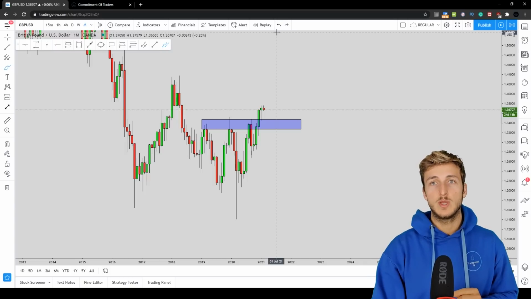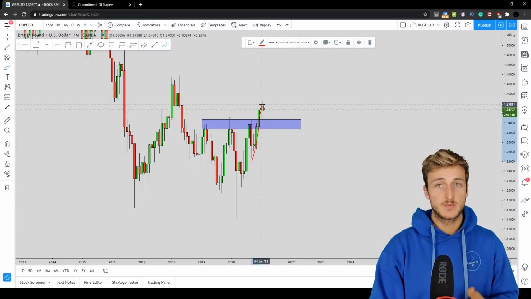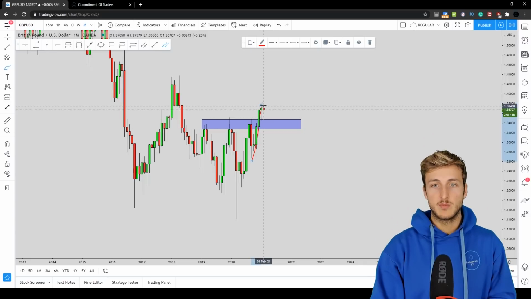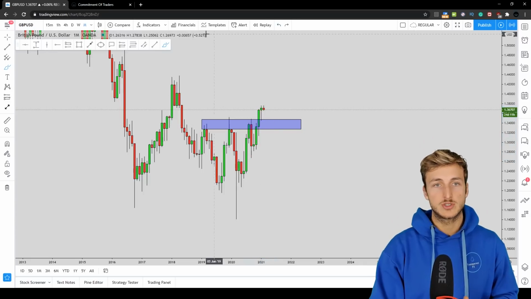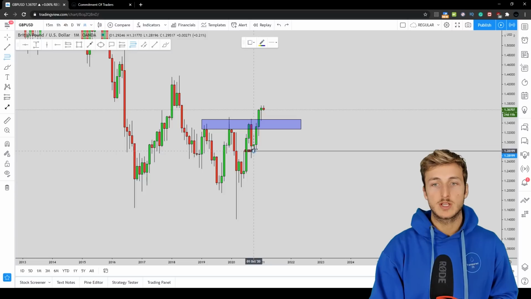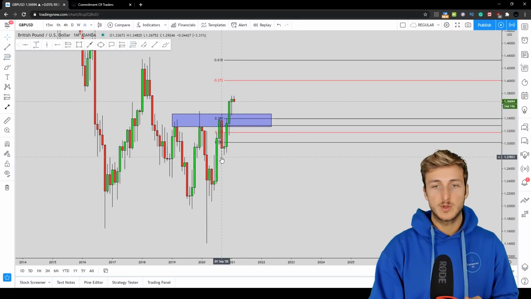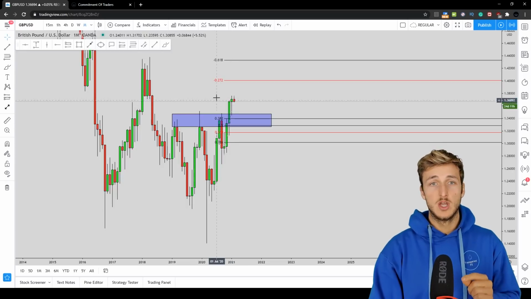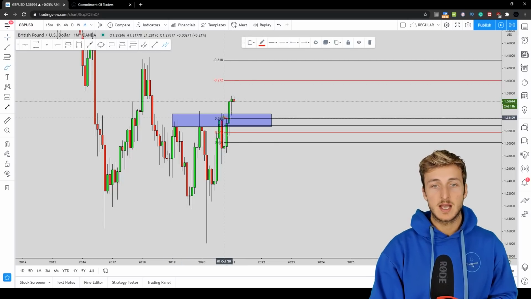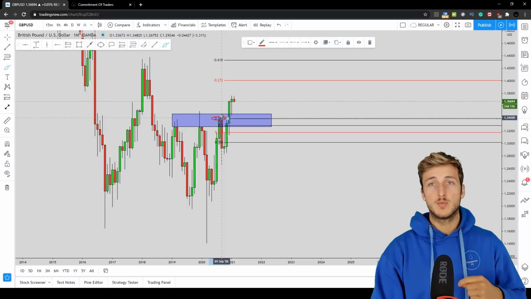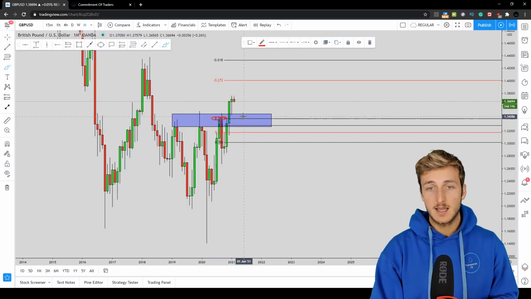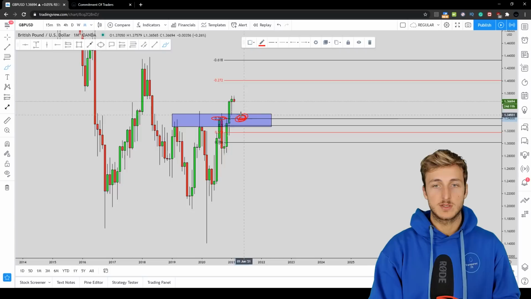Another important thing that we can see is that we have a nice impulse. Now, generally speaking, after an impulse, if you want to measure the correction, what you have to do is take your Fibonacci from the low to the high of the impulse. And if we take our Fibonacci from the low to the high of this impulse, what we can see is that the market has a perfect 0.382 Fibonacci retracement lining up with this previous resistance turned support.